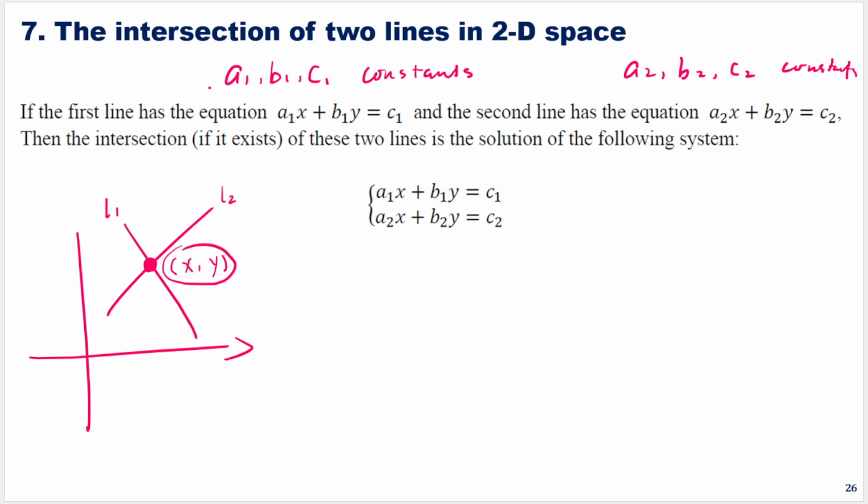Then the intersection, if it exists, of these two lines is the solution of the following system. We simply combine these two equations. If you can solve this system of linear equations, then you can find the point of intersection. Otherwise, if you can't find any solution, that means the two lines do not intersect in 2D space. They could be either the same line on top of each other, or they could be parallel with each other. Did you get it?